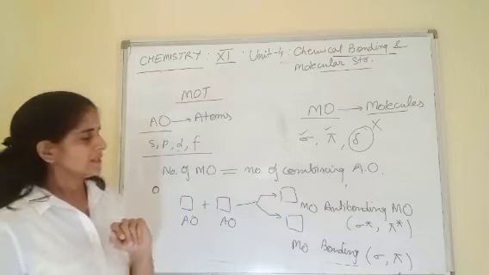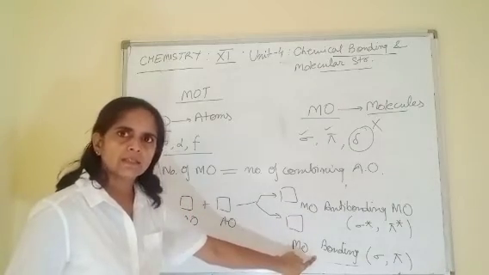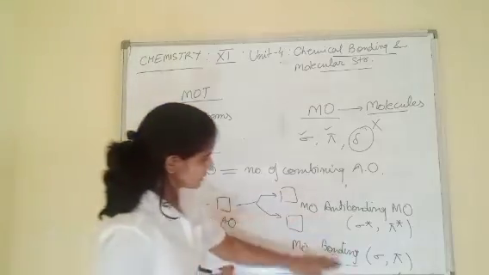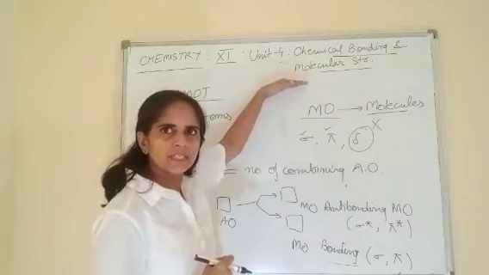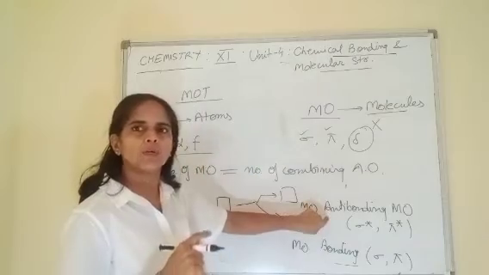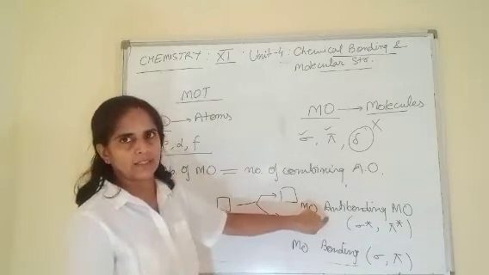Why? Because bonding molecular orbitals are low in energy. This is lower energy and this is the direction of increasing order of energy. Anti-bonding always has more energy as compared to bonding.